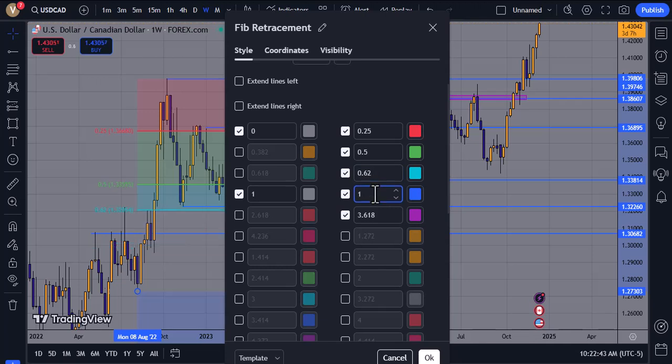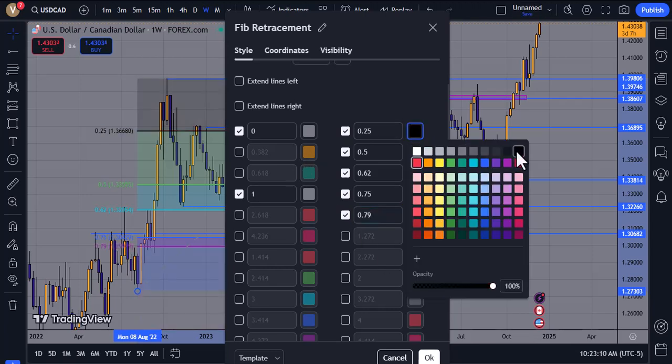I need 0.75, and I need 0.79. Now the ICT OTE levels, which is optimal trade entry levels, are 0.25.